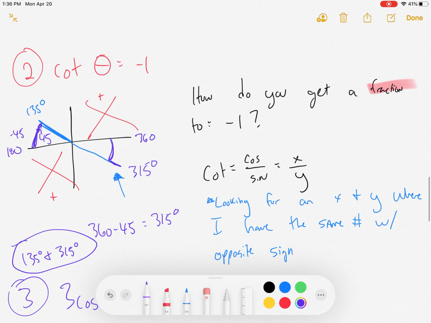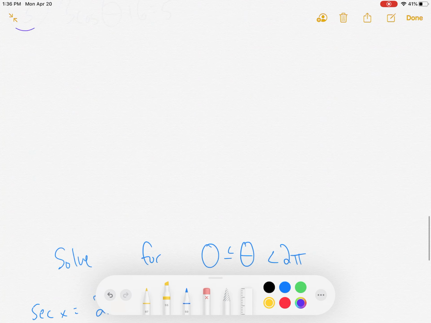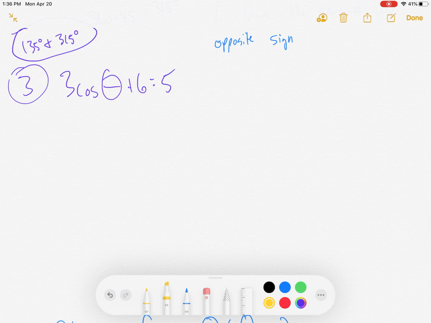Now, in this next one, we're going to need a calculator to figure it out. So the first thing we need to do, if you notice, in number 1 my trig function was by itself, and in number 2 it was by itself. In number 3, my trig function isn't by itself. So what I need to do here is get that trig function by itself.